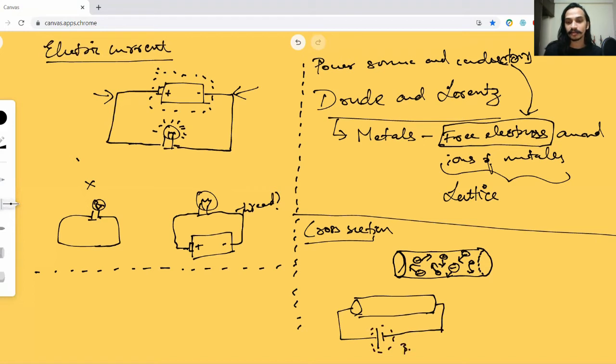This is a battery. What happens then is, because of this battery and the electric field that it generates, we say that a battery generates an electric field. A field is nothing but an area of influence. Whatever comes under this area, basically whatever is connected to the battery, all the electrons are influenced by this field.